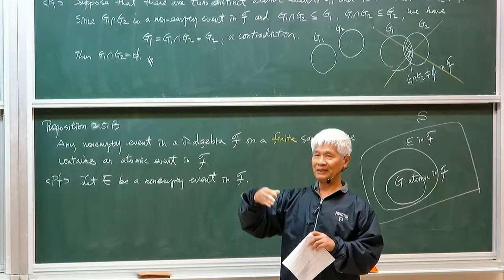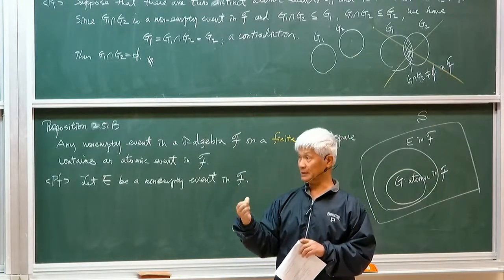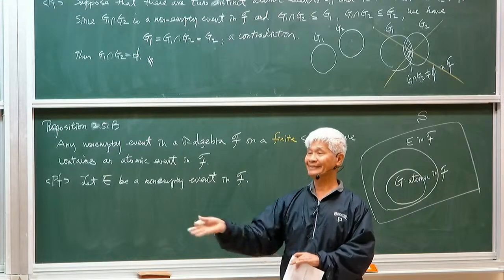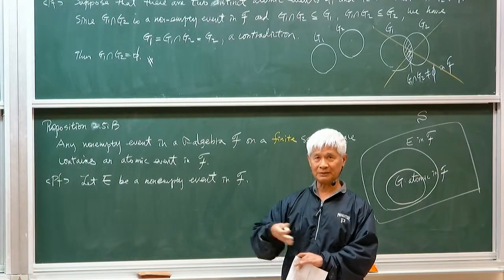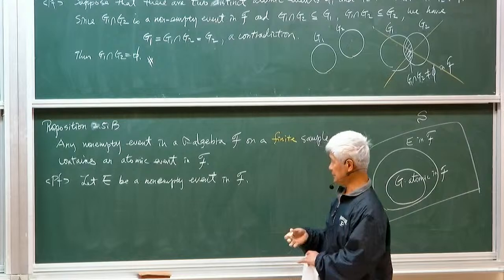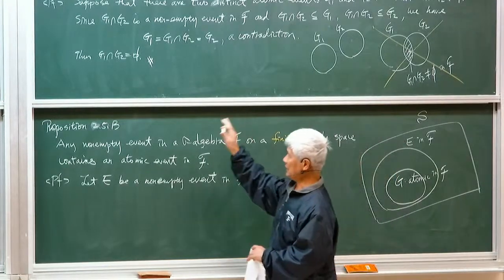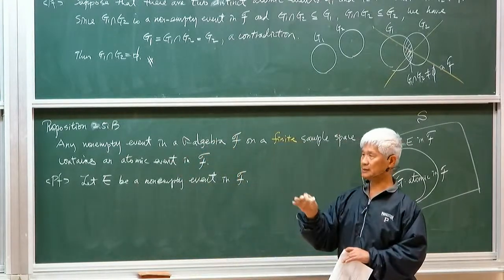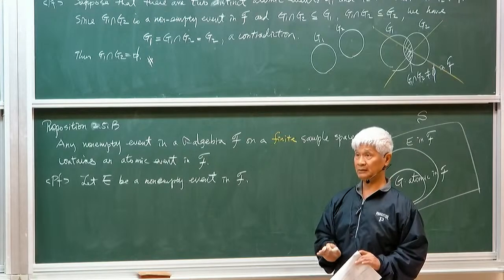Because we start the theory of probability from scratch. So you should always remember this. Okay, we start from scratch. And so all the arguments or deductions are based on logical reasoning.